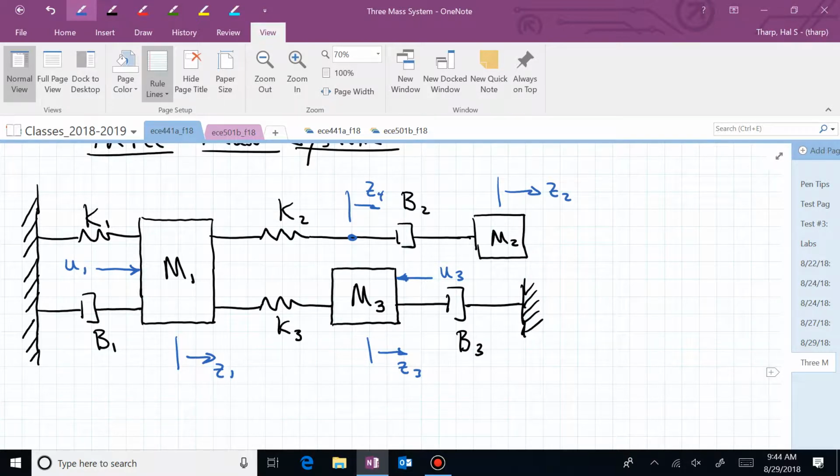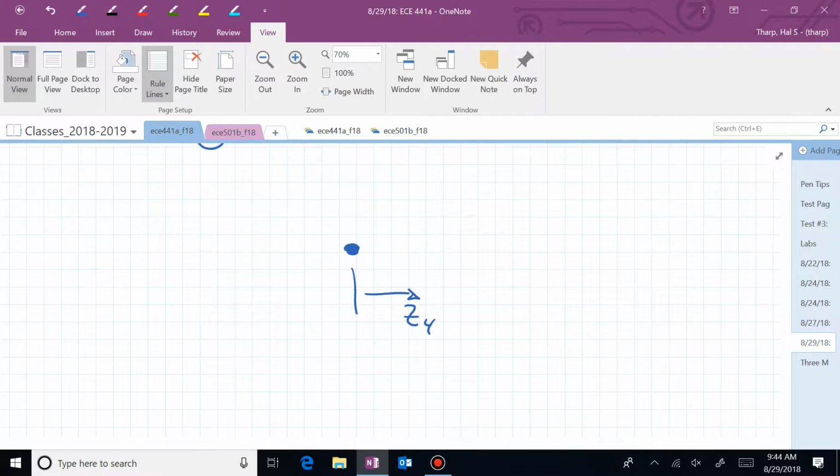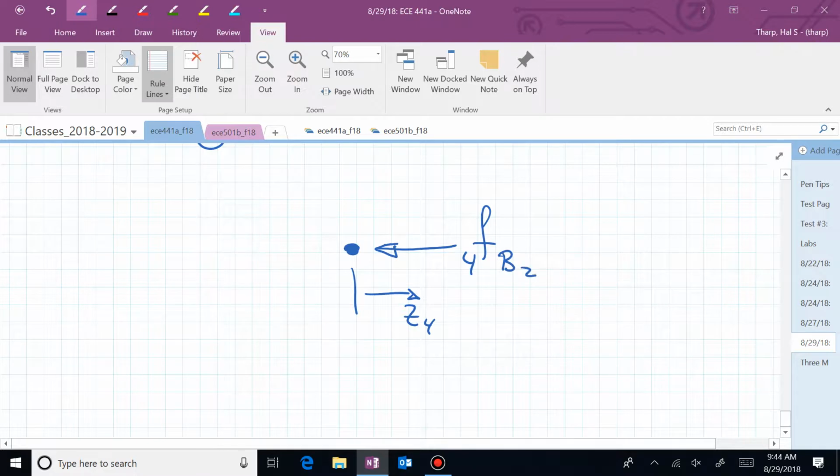They're both opposing that movement to the right, and so they're going to the left. The free body diagram now for massless point number 4 is a force F4 due to b sub 2 and a force in the fourth free body diagram due to k sub 2.